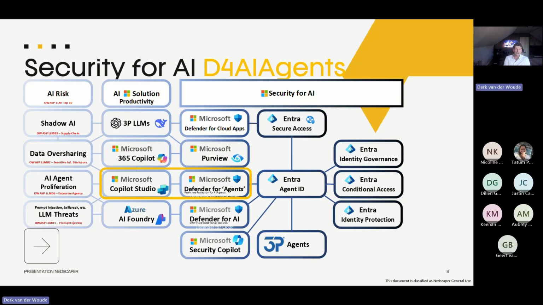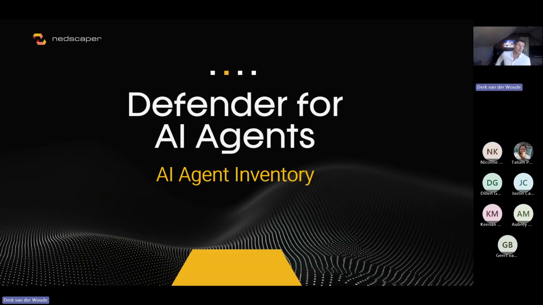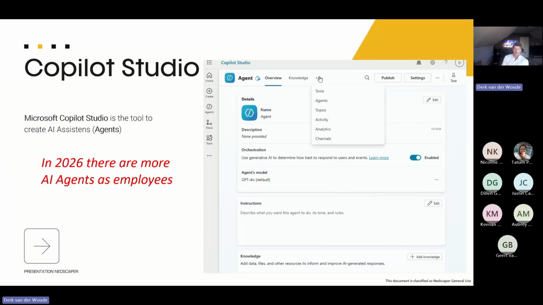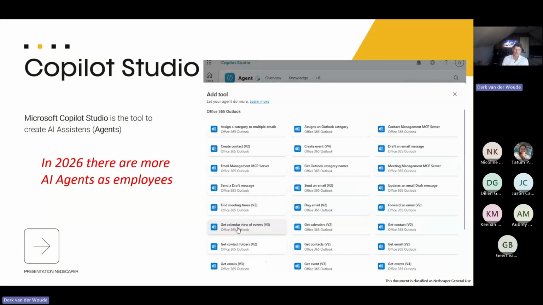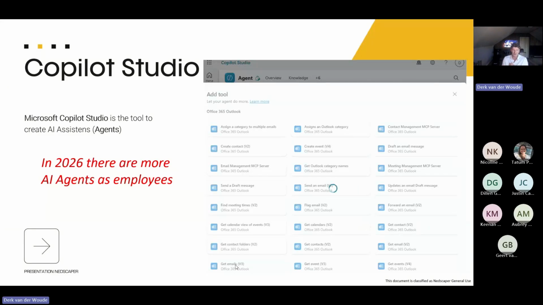So Microsoft Copilot Studio and Defender for Agents. What was released during Ignite is AI Agent Inventory. I will publish a blog next week because I need to wait for some more data to be available in the portal. Copilot Studio is basically a low-code, no-code solution to create agents that support you in specialized tasks.